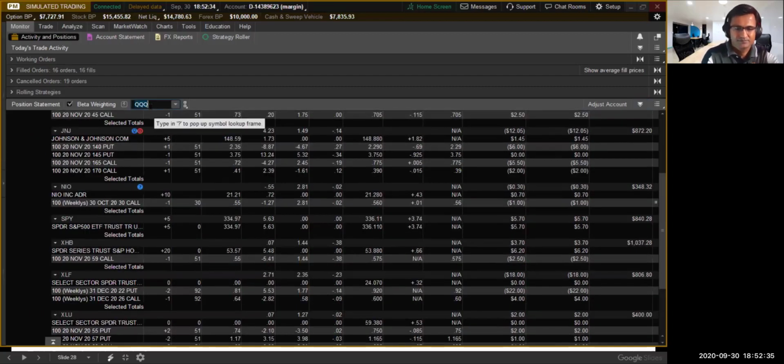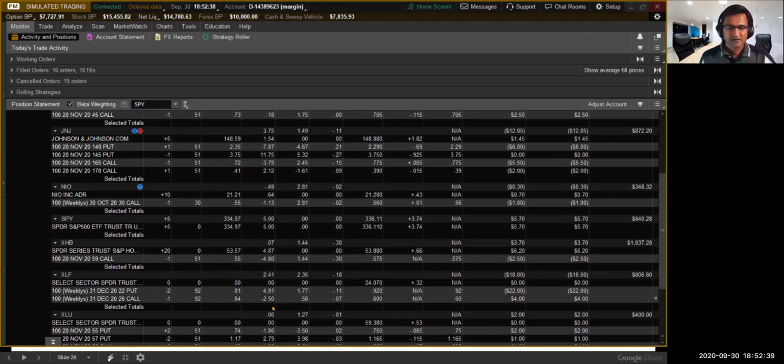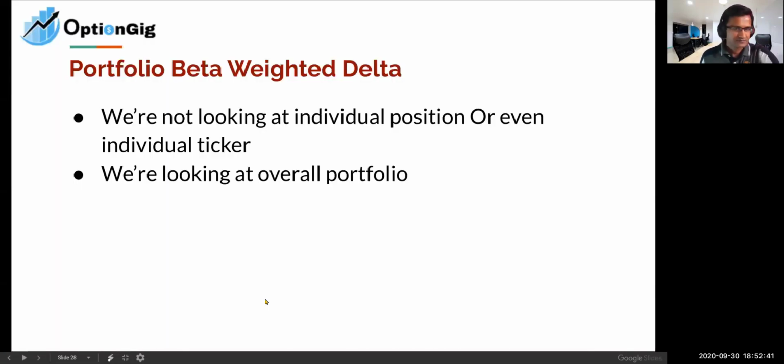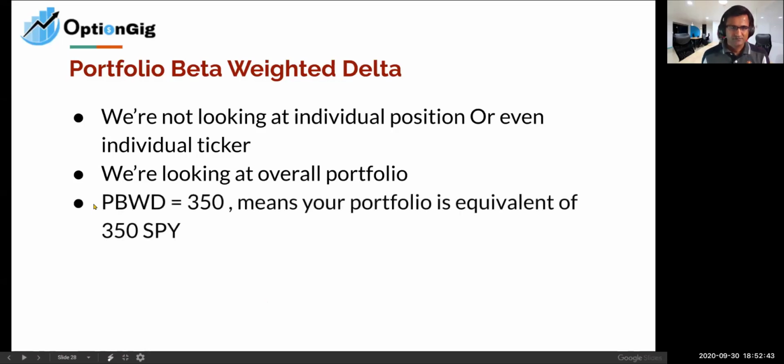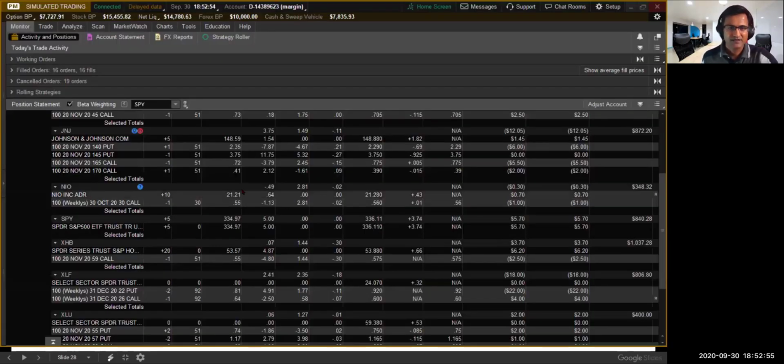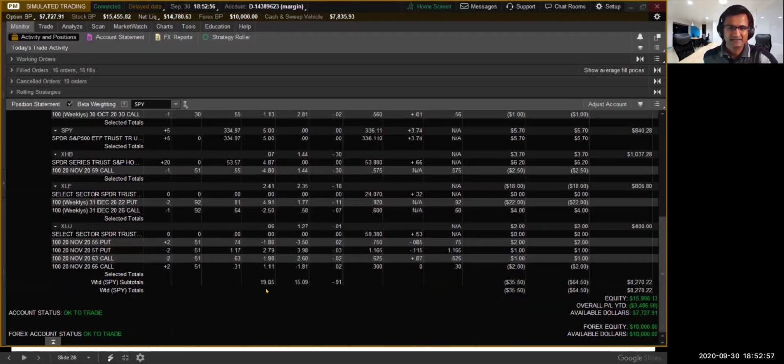Let's go back to SPY. If it's 350, it means my portfolio is the equivalent of 350 SPY. We just talked about it in this simulated one. My SPY portfolio is 19.